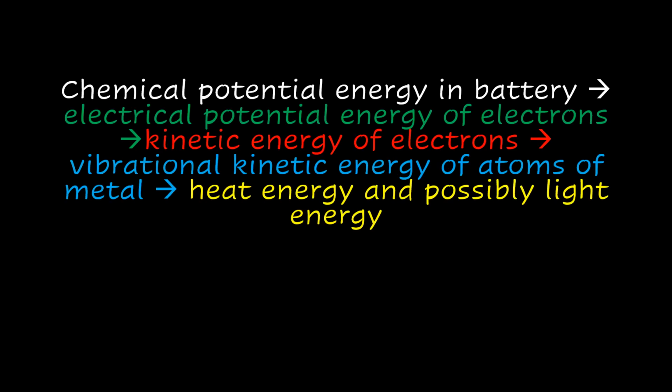Before we finish, let us talk briefly about why a battery goes flat. A battery stores chemical potential energy. When a battery is connected in a circuit, a chemical reaction takes place inside the battery, which converts chemical potential energy to electrical energy, which powers the electrons to move through the circuit.